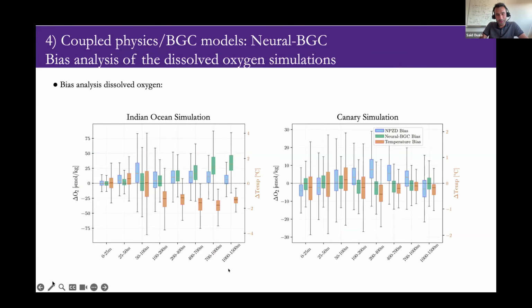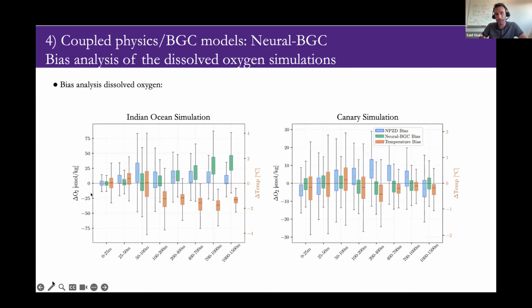And so in order to identify the source of these biases in the coupled ROMS Neural-BGC model, what we did is that we plotted the dissolved oxygen biases of the standard NPZD model in blue. So this is the bias with respect to World Ocean Atlas.